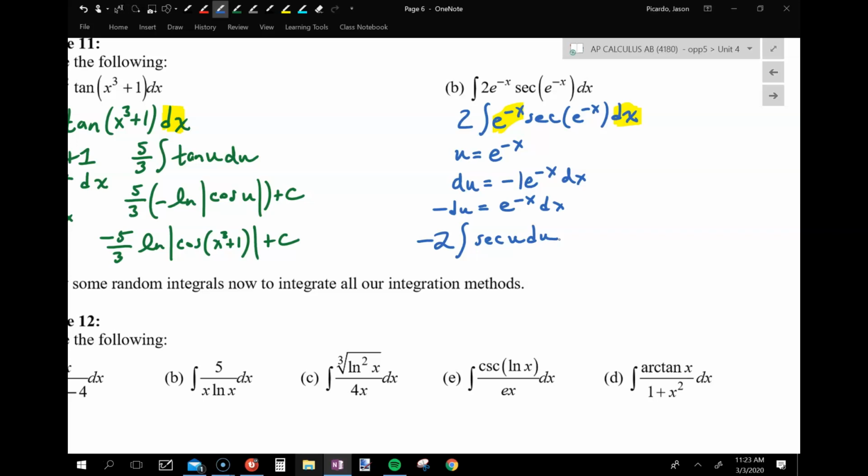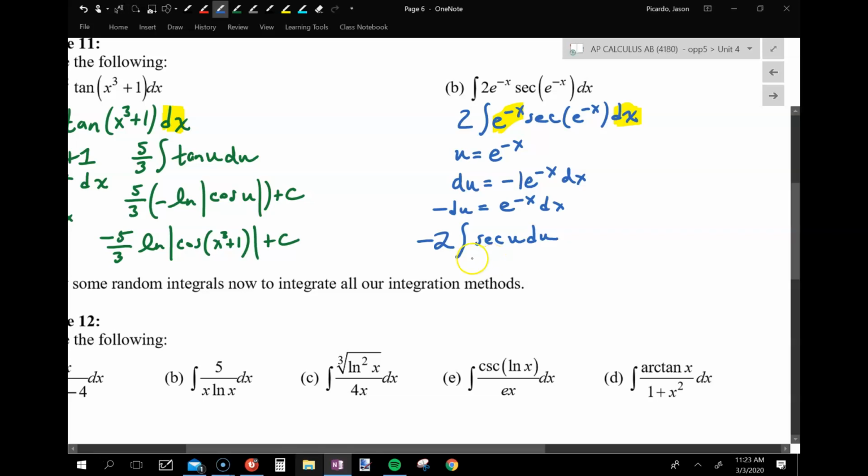And luckily for that old man from years and years ago, we have that as -2 natural log of secant u plus tan of u plus c.